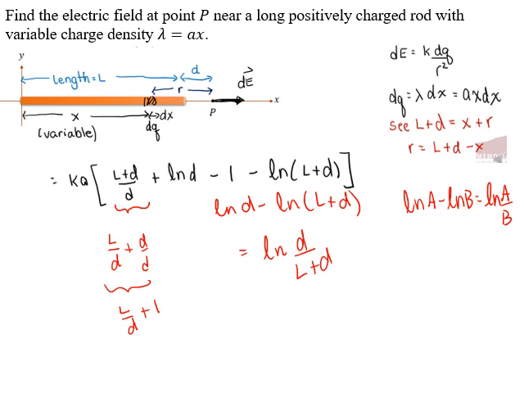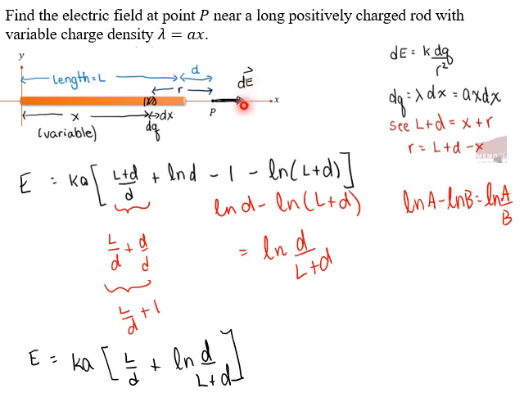So that gives us our final result, that the magnitude of our electric field is K times A times L over D. So we'll have L over D plus 1 here, plus 1 minus 1, that's just 0. Then I'm left with plus the natural log of D over L plus D. That gives me the magnitude of my electric field vector.